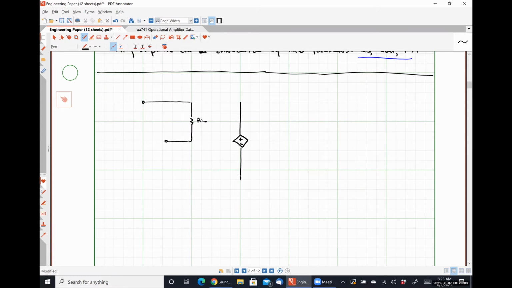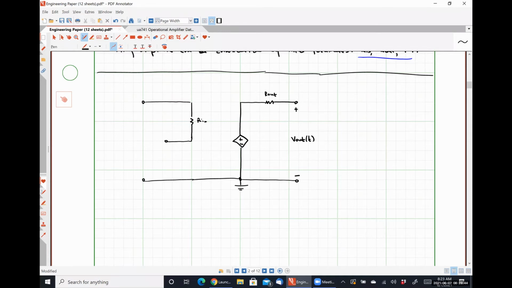We still have our dependent voltage source. We have our resistance R out, but now we're going to be measuring everything in reference to ground. Like so. So between this terminal and ground is how we measure our output voltage.